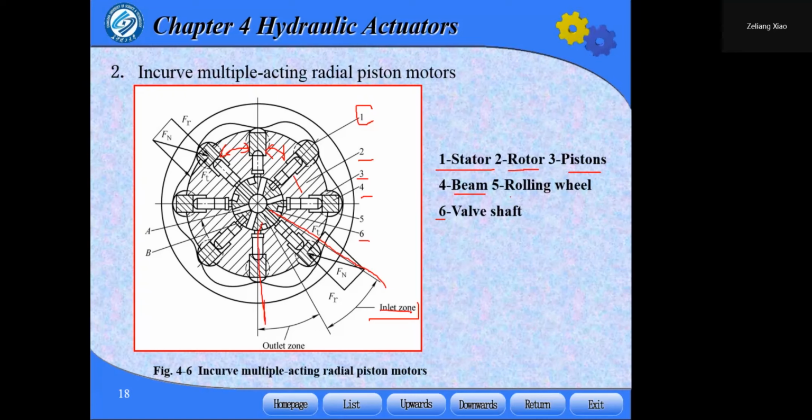The oil distribution port at the bottom of each piston bore is the same as that of each valve shaft 6 cylinder. So the valve shaft is stationary, and there are two oil distribution ports on each, each port having the same numbers.